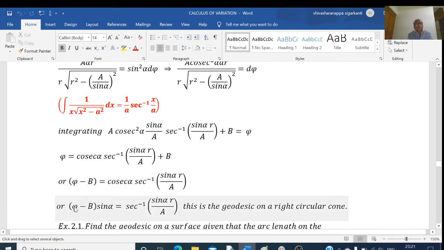Or we can write phi minus b into, if I write this in the left hand side, it goes to the denominator cosecant alpha, or again if I write in the numerator, that will be sin alpha. Phi minus b into sin alpha is equal to secant inverse of sin alpha into r divided by a. So this is the geodesic on the right circular cone.